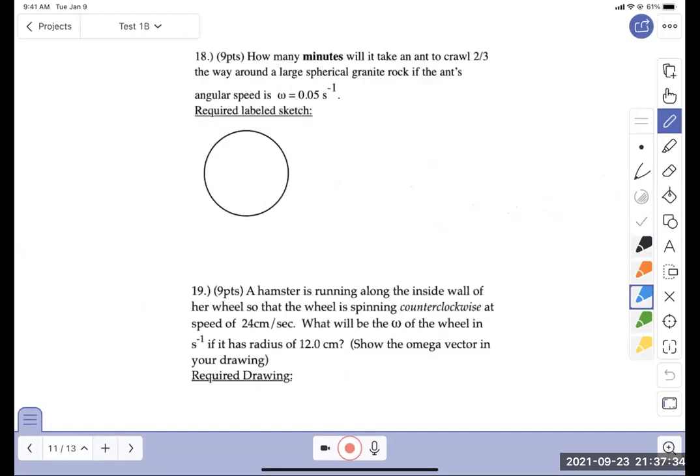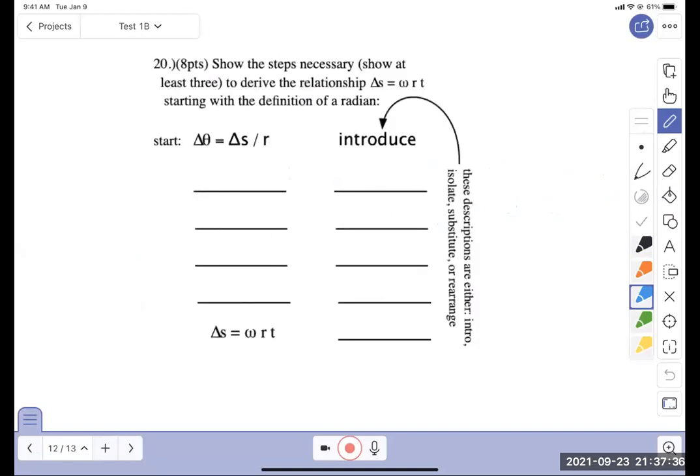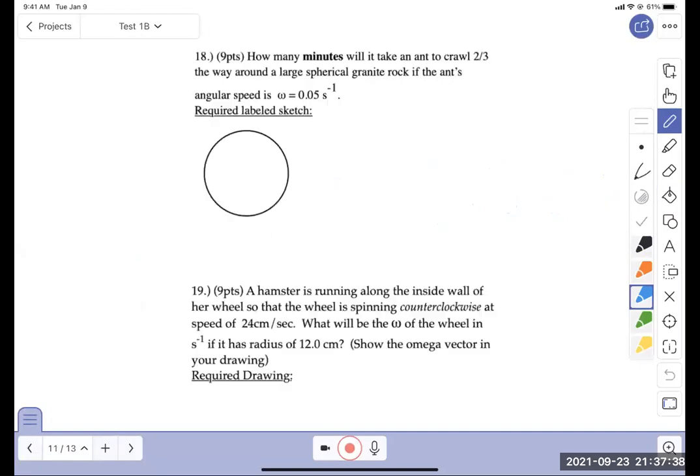Okay, 18. We're still looking at Monday stuff. We do 18 and 19. Isn't that Monday still? There's the ant crawling, although this time, I'm running low on time, 2/3 the way around a large spherical granite rock. If the ant's angular speed is 0.05 radians per second, so the ant's going to get 2/3 the way around, all the way to there.